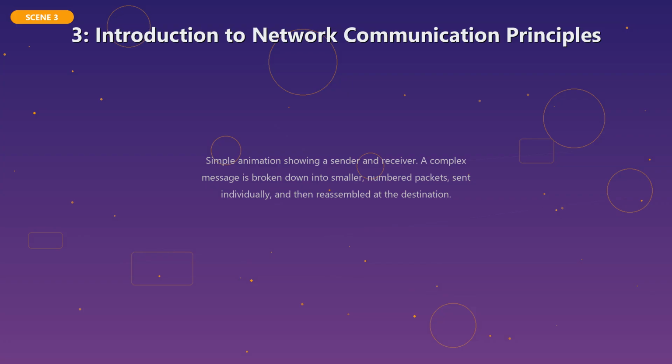Think of it like building a house. You don't just start with a completed house, you have architects, plumbers, electricians, carpenters, and painters, each responsible for a specific aspect of the construction. They follow a specific order and a set of standards. Similarly, in networking, different tasks are handled by different layers or components.